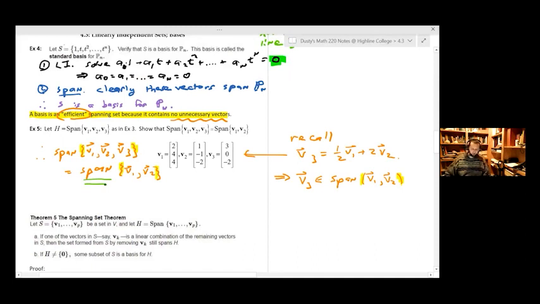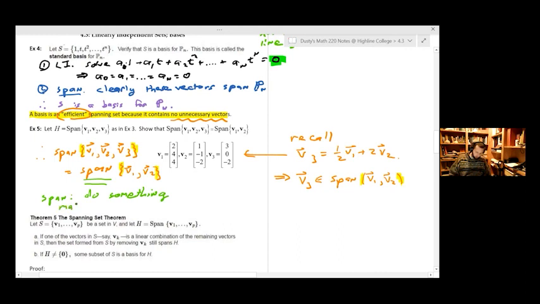So we're using the word span sort of in two different ways. So one way we use the word span is we're using it to say do something. And in this case, what is that something? It's have a list of all possible linear combinations.